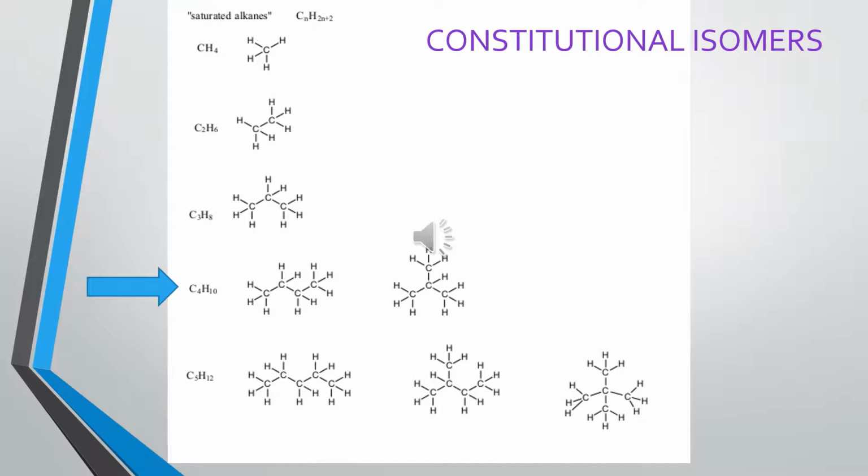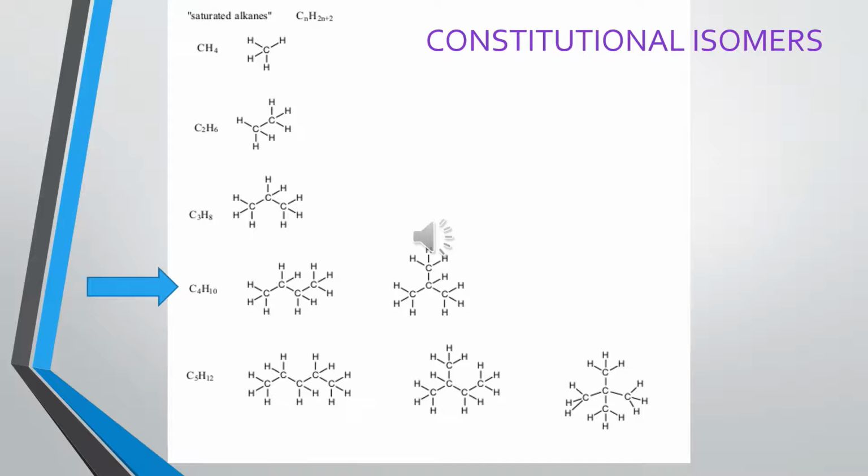To generate a valid Lewis electron dot structure, of course, is what we mean. And that's true, of course, for ethane and methane. But once we get to C4H10, once we get to butane, the 4-carbon alkane, there are 2 different butanes in the world, in the universe, right?